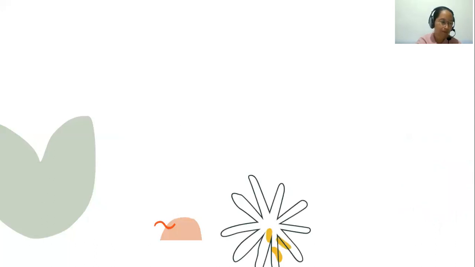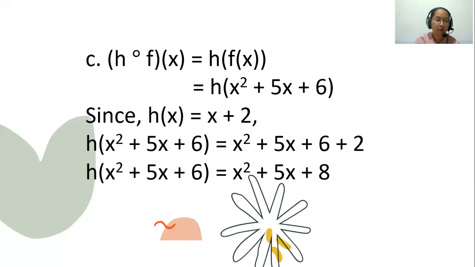Last example. The composite function of h and f of x. This time, f and h reverse in terms of their order. So that is equal to h of f of x based on the definition.